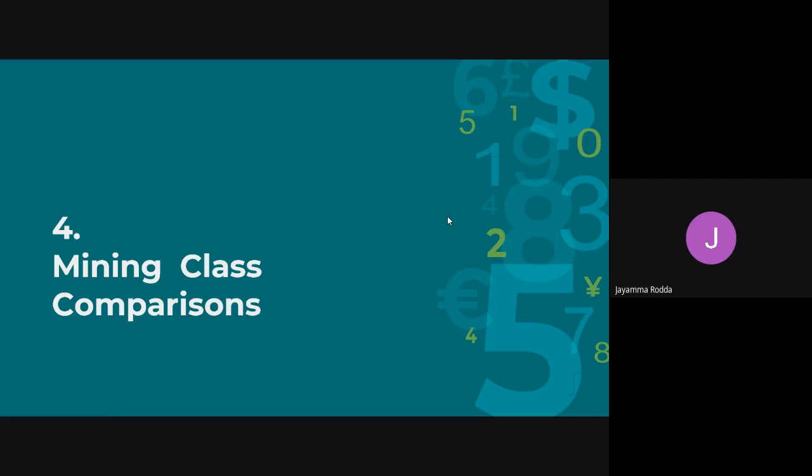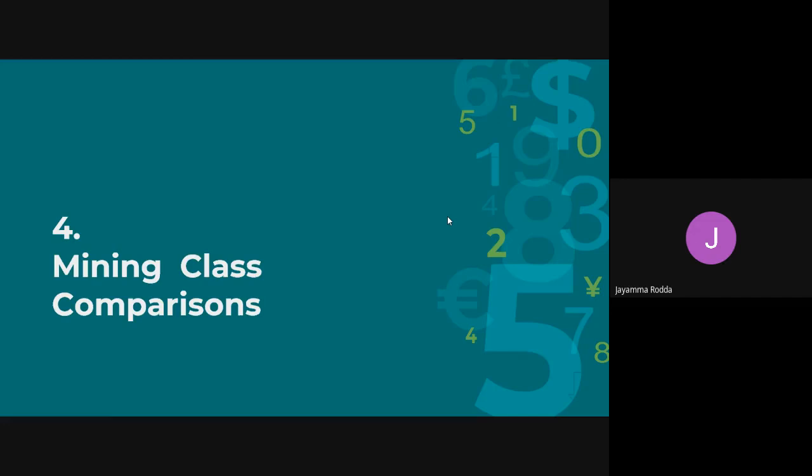So, class discrimination or comparison, which hereafter we will simply denote as class comparison. Class comparison means descriptions that distinguish a target class from its contrasting classes. In the last class we discussed what is a target class and what is a contrasting class.